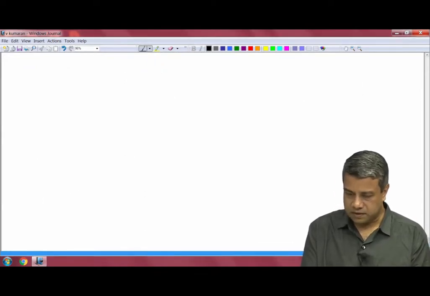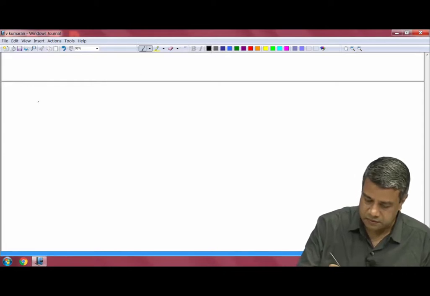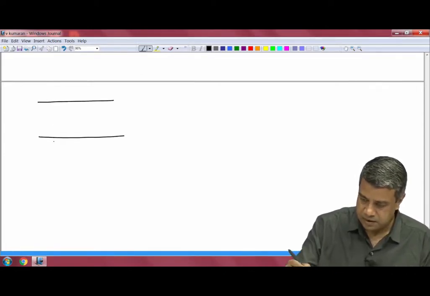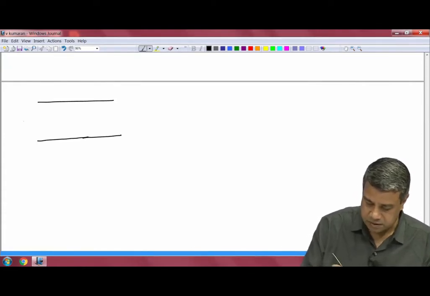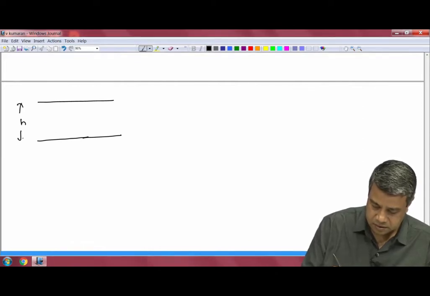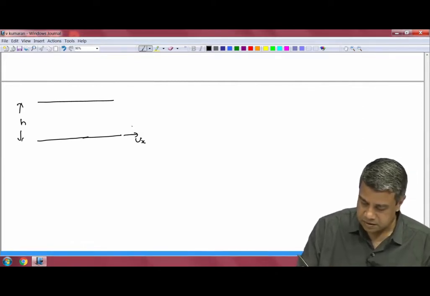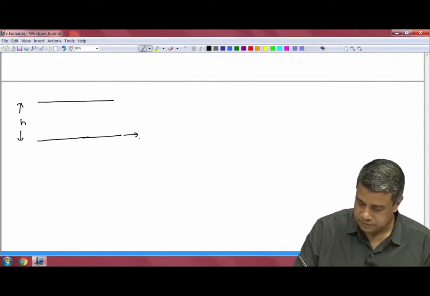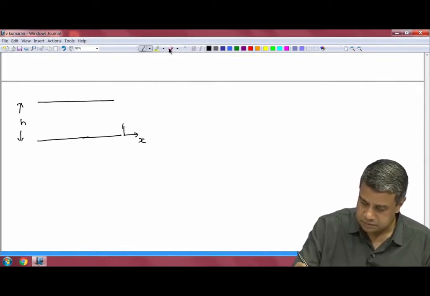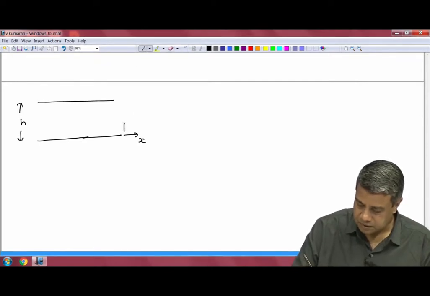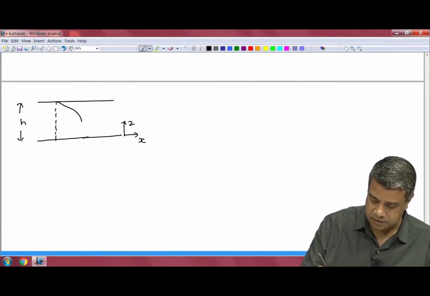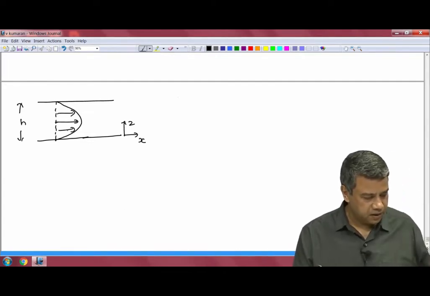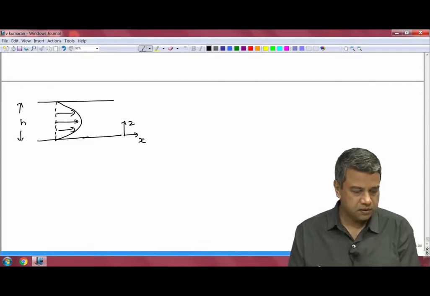So, let us solve this for a case that we have already seen before. The pressure driven flow in a channel of height h, where x and z are the orthogonal coordinates, and the velocity profile is a parabolic profile which looks something like this for the pressure driven flow in a channel, and the velocity is unidirectional.